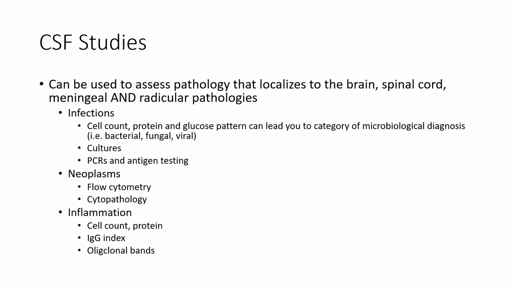We can also utilize cultures to try to identify the exact etiology, as well as PCRs and antigen testing for the same purpose. If we're investigating a malignancy of some kind, we can use flow cytometry and cytopathology. And if we're looking for an inflammatory or autoimmune disorder, we can use cell counts, proteins, the IgG index, and oligoclonal bands to help us better characterize that disorder as well.